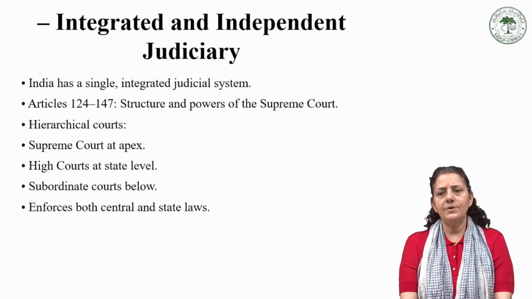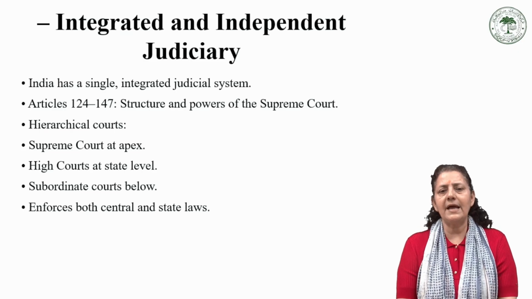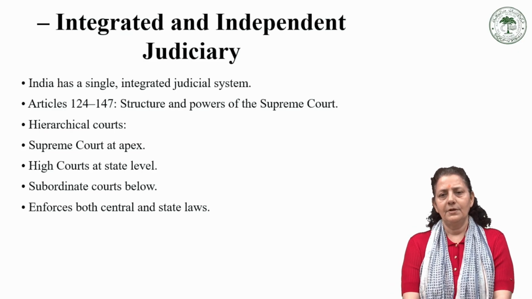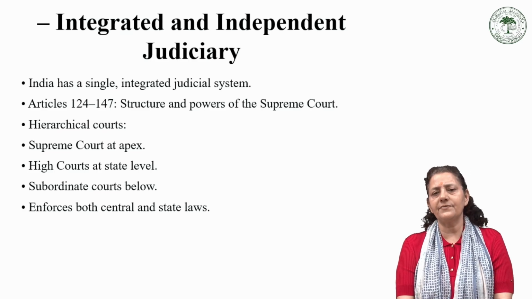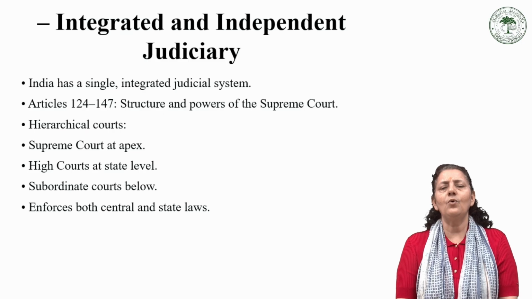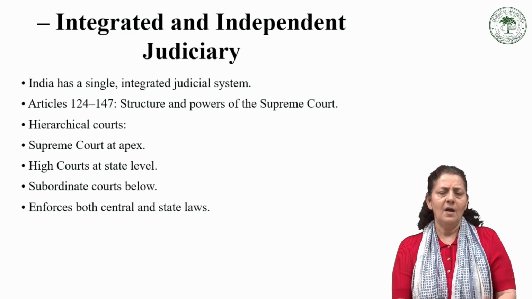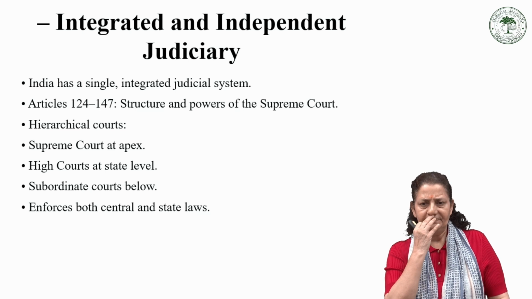Article 124 to 147 define the composition, powers, and independence of the Supreme Court. Judges enjoy security of tenure, fixed service conditions, and removal only through impeachment by parliament, which is a very tough procedure, not an easy one.